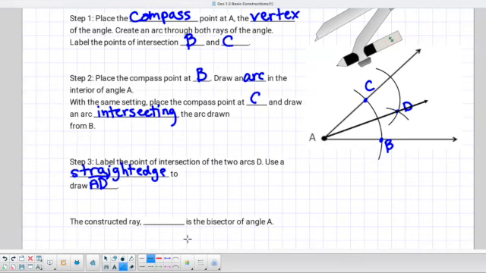The constructed ray AD is the bisector of angle A.